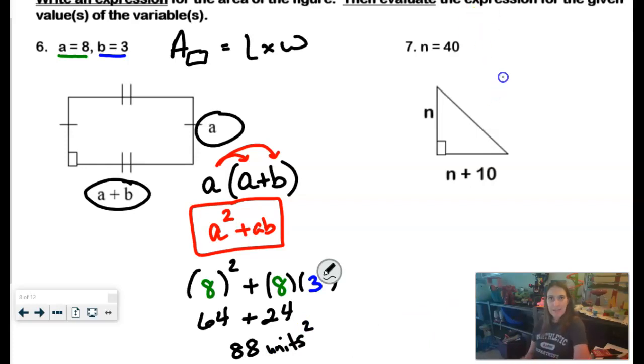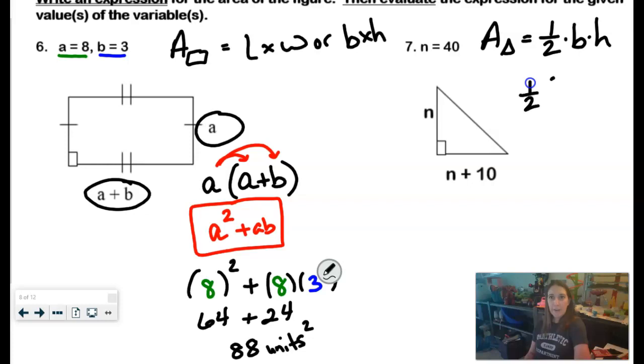All right, so same idea here. This time it's a triangle. So a little reminder for you, the area of a triangle, because you can envision it as being half of a parallelogram, essentially. It's 1/2 length times width, or 1/2 base times height. They all mean the same thing, right? So half of the length and the width would be like n times n plus 10.